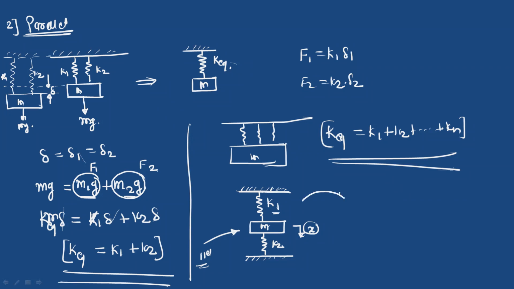So we can convert this parallel arrangement like this. This is the first spring K1, this is K2, and this is the mass M. Now if you apply the force F or displacement X, K1 and K2 will be subjected to the same deformation X. Then you can convert this into an equivalent system, that is a K equivalent.